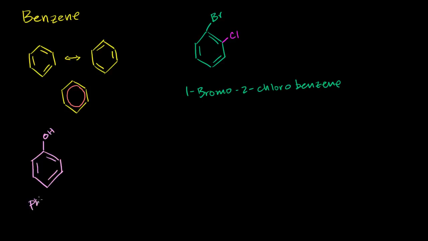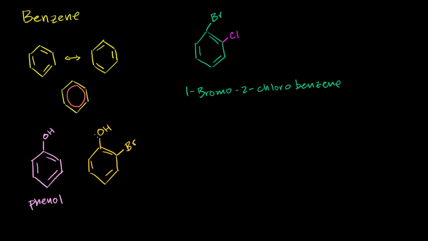This is called a phenol. So it's not called benzene anymore. And if you had a molecule that looked like this, just like a phenol, it is a phenol, but let's say you have a bromine right there.